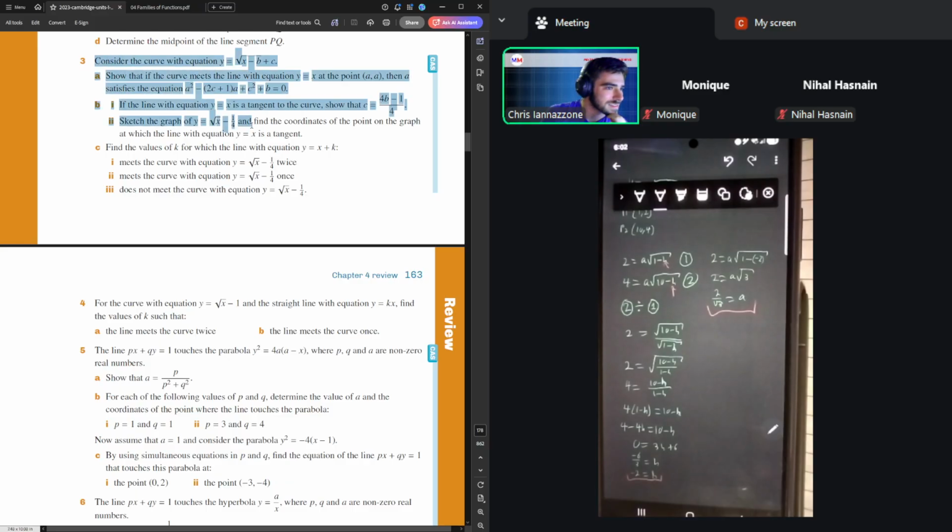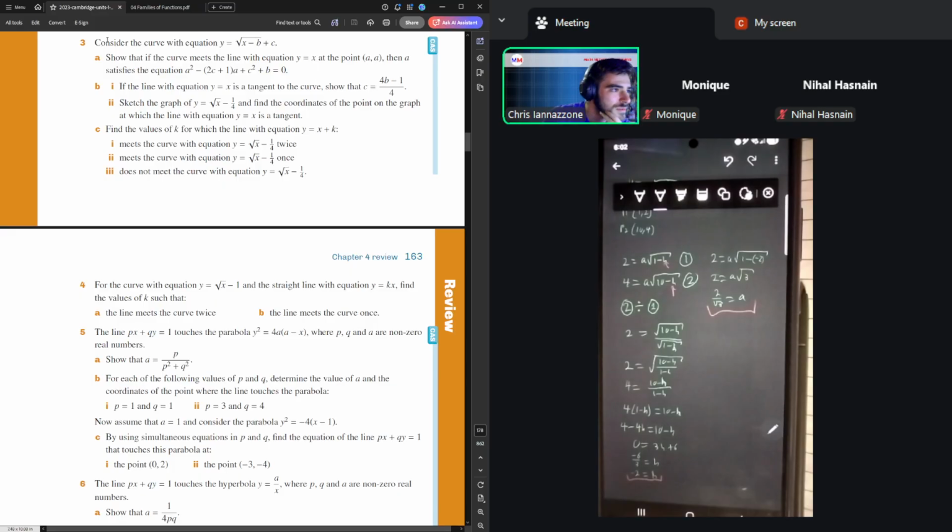Okay, let's do, is this going to be, this should be fine. It looks a bit weird, but I think it's going to be fine. Question 3. We have a generic square root graph with just a horizontal and a vertical translation. No dilation factors involved.